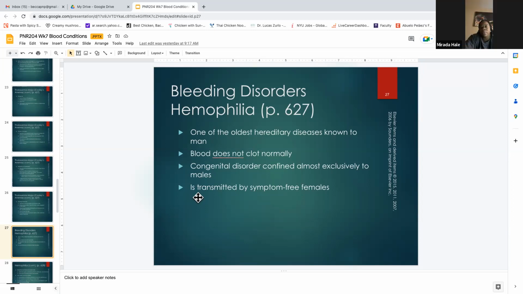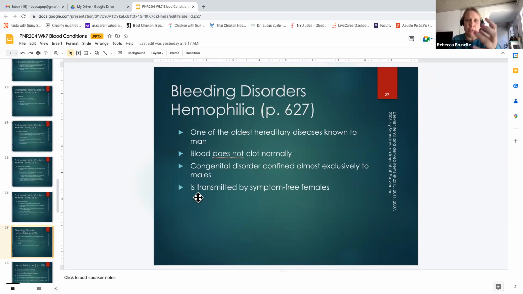Through your period. Okay, I could see why, since we're talking about blood and you're bleeding in your period. So this has to do with your chromosomes. Girls are XX and boys are XY. So transmitted by symptom-free females: the symptom-free female carries the genetic mutation on the X chromosome, and then she passes it on to her son, who is XY.